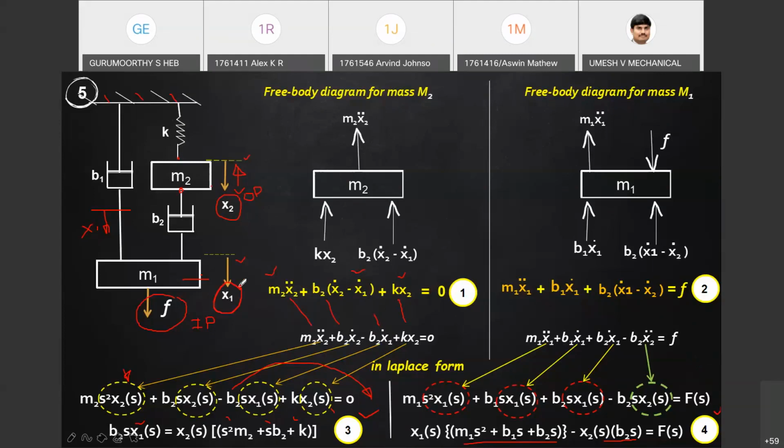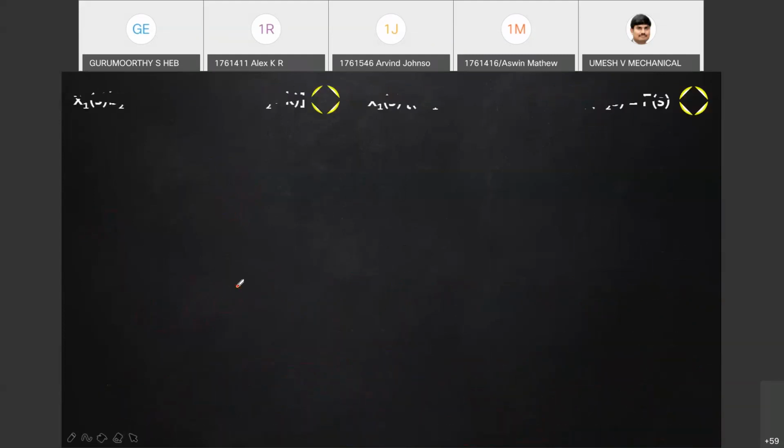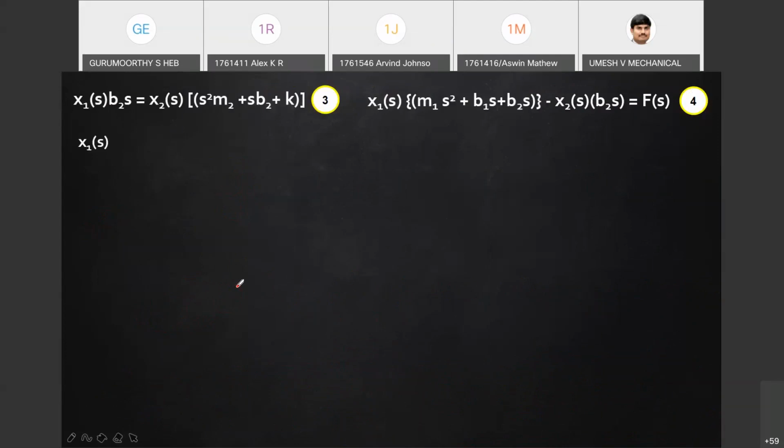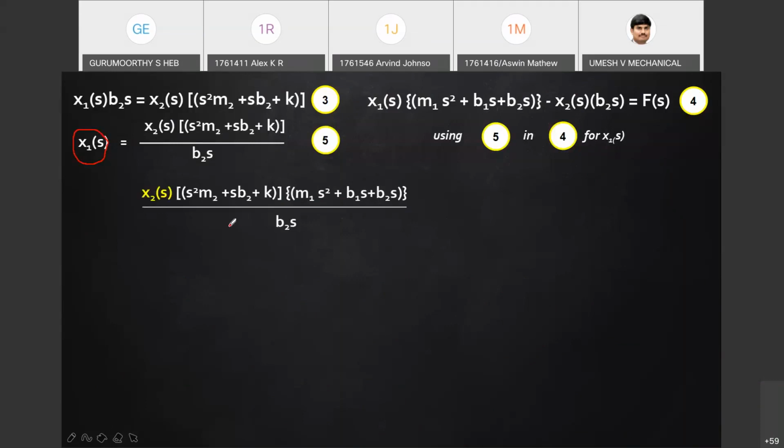That is just a mathematical skill in control systems. We use the substitution method in the first equation. x1 of s, this much, call it 5. You can use 5 in this equation 4.